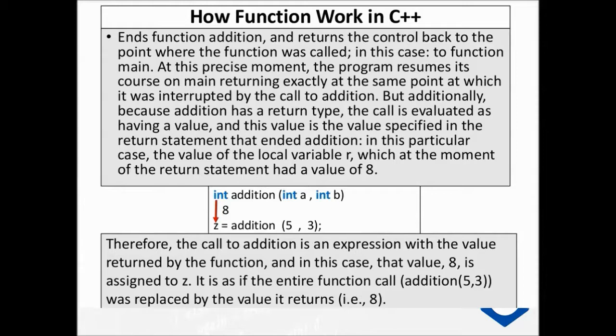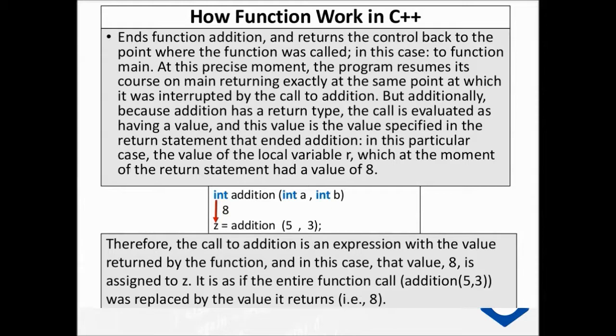because addition has a return type, the control goes back to the main program with the value specified in the return statement that ended addition. In this particular case, the value of the local variable r, which at the moment of the return statement had a value of 8.